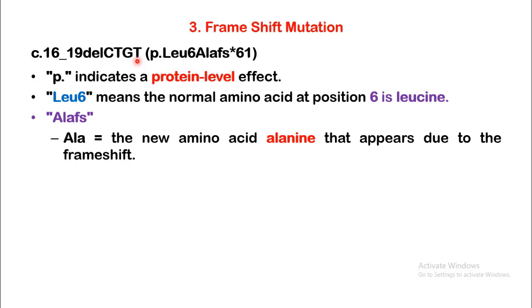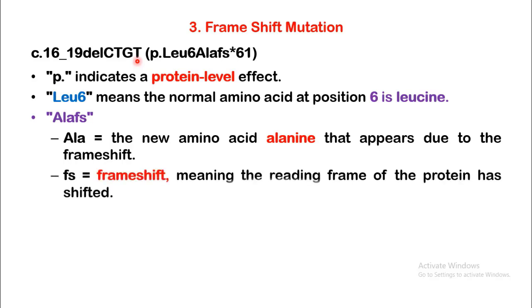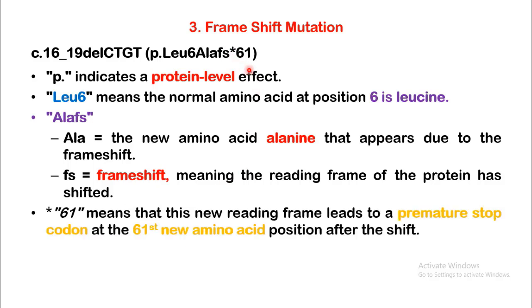So there was no alanine in the sequence at this particular position. Now, because of the frameshift mutation, you are seeing an alanine amino acid. This fs means frameshift, meaning that the reading frame of the protein has been shifted because of this deletion. So what do this stop and this 61 mean?